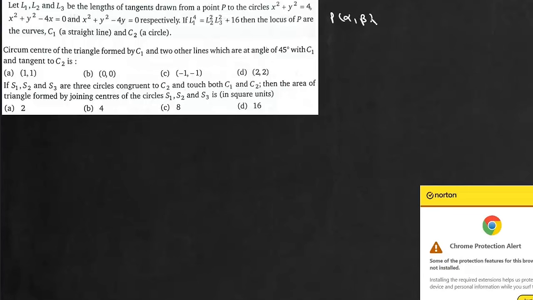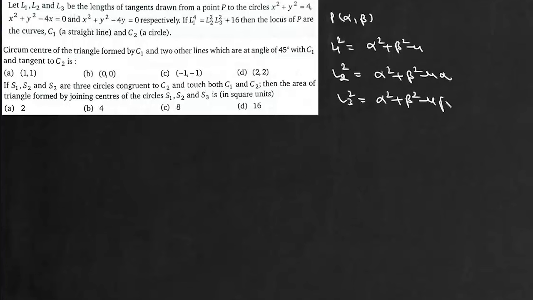alpha beta, then we know that L1 square will be alpha square plus beta square minus 4. L2 square will be alpha square plus beta square minus 4 alpha, and L3 square will be alpha square plus beta square minus 4 beta.